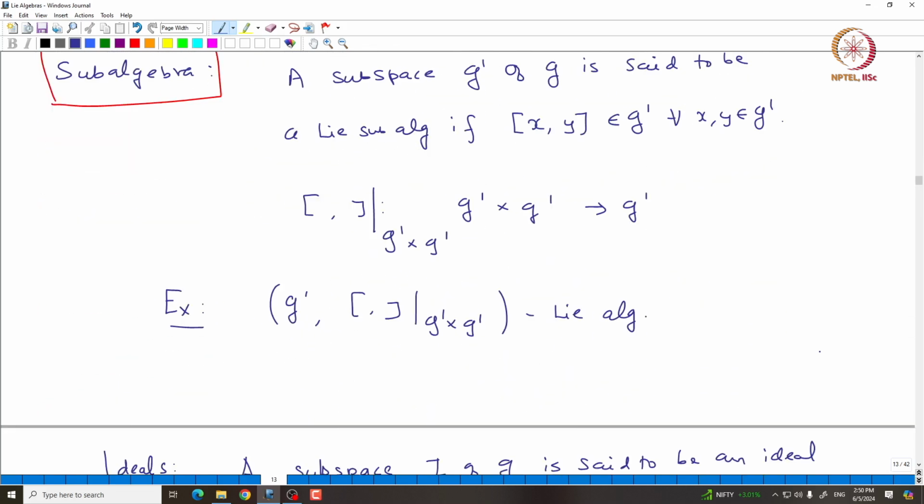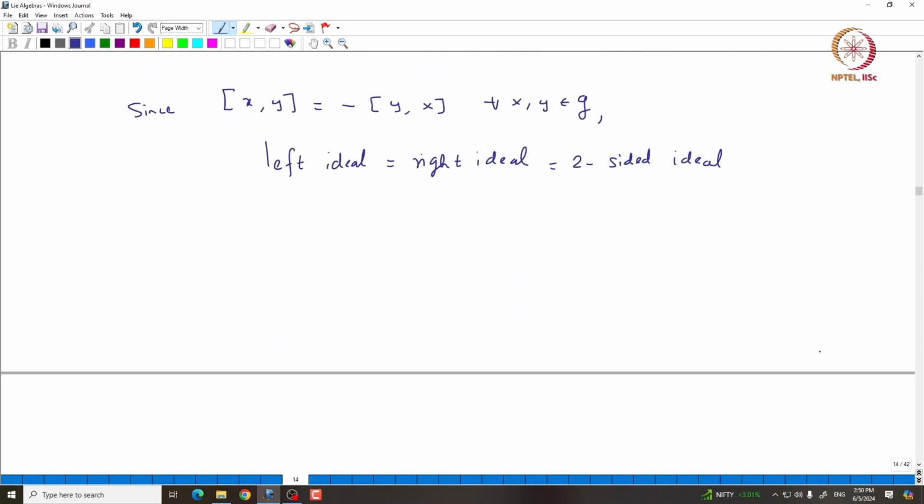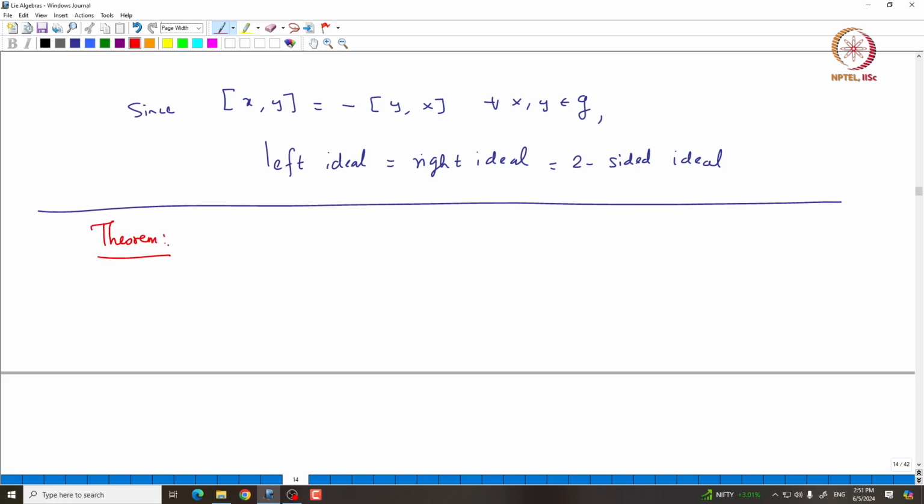So, once we have these terminologies, now it is easy to actually state the first isomorphism theorem. So, let us actually state it. Here is the theorem. This theorem is very similar to what you have seen for other algebraic objects.